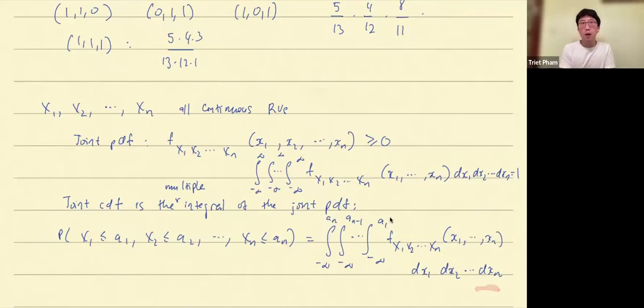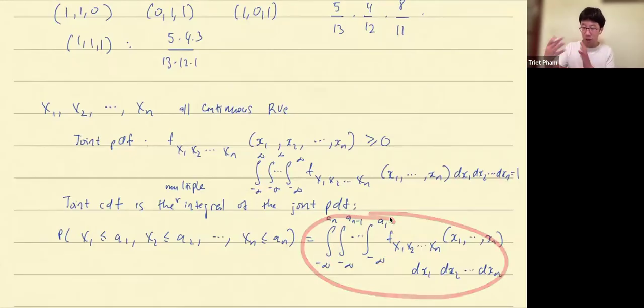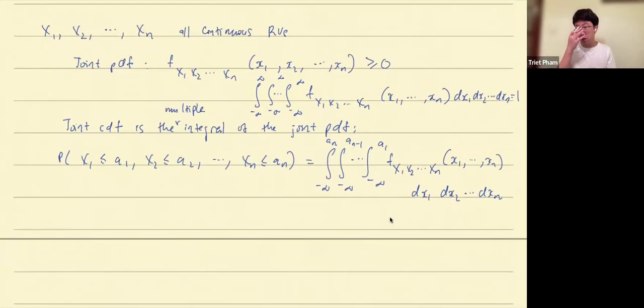Now, of course, by Fubini's theorem, you can swap the order of integration here, but you have to also change the limits of the integration appropriately. And this is where your Calc 3 education comes into play.